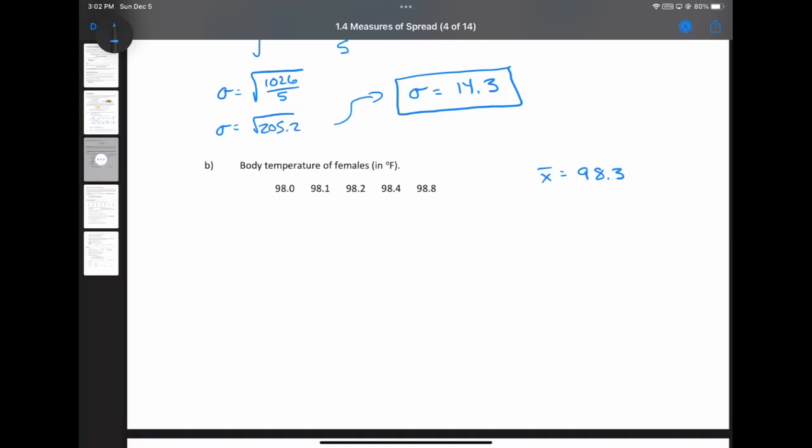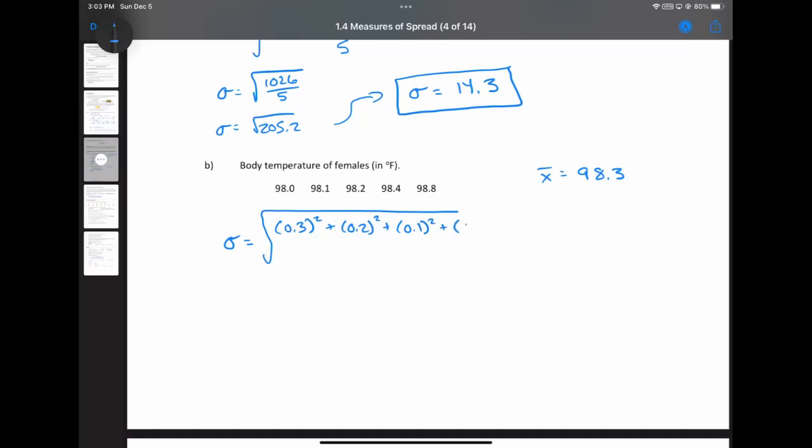Now for each of these, write down sigma equals square root, and again we're going to do the difference of each of the data points, how far it is away from the mean. So 98 is 0.3 from the mean, and square it. 98.1 is 0.2 away from the mean, and square it. 98.2 is 0.1 away from the mean.